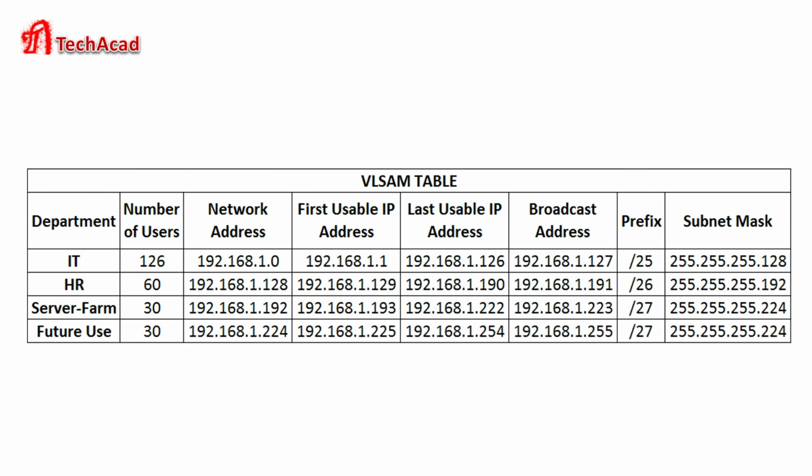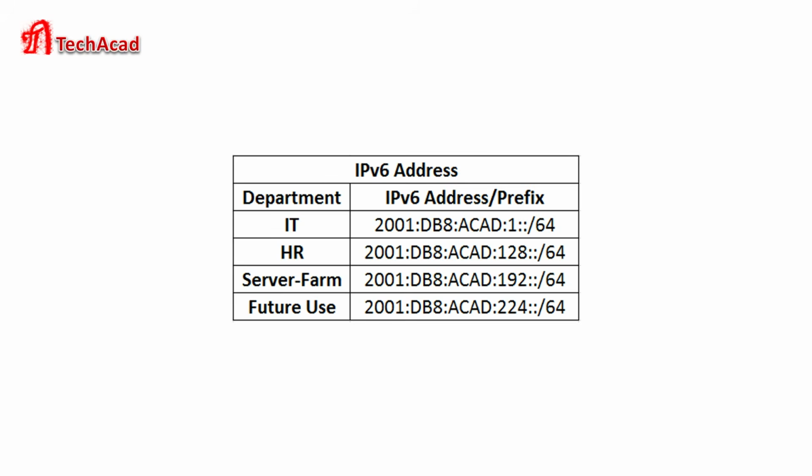Then the remaining 30 addresses we kept for future use. That is from 192.168.1.224 till 192.168.1.255. And here we can see IPv6 address table for each department.